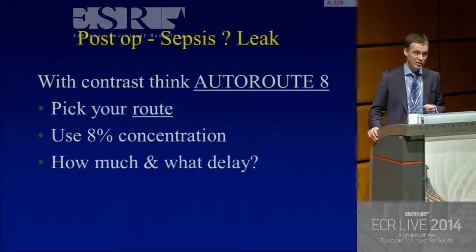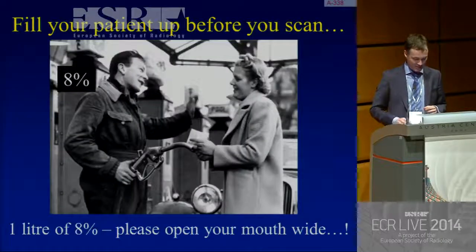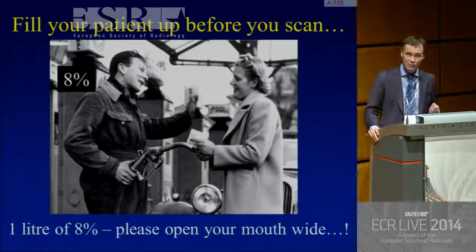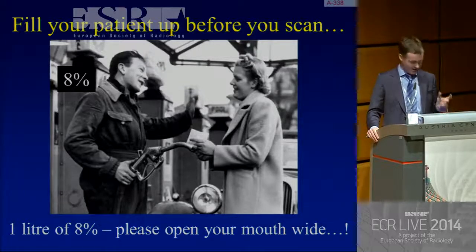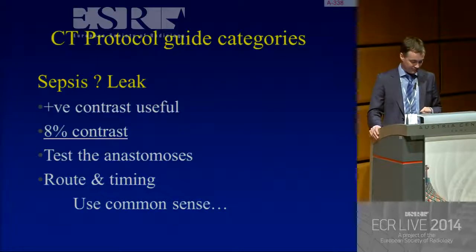So how much contrast should you give, and what kind of delay should you give before you image after your contrast? It's really important that you fill your patient up properly with contrast if you're querying a leak on CT, okay? And how much contrast and the delay we're going to go through, and it's quite logical, really. You want to test the anastomosis.